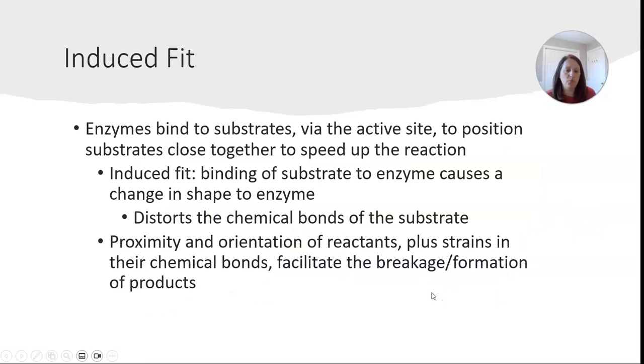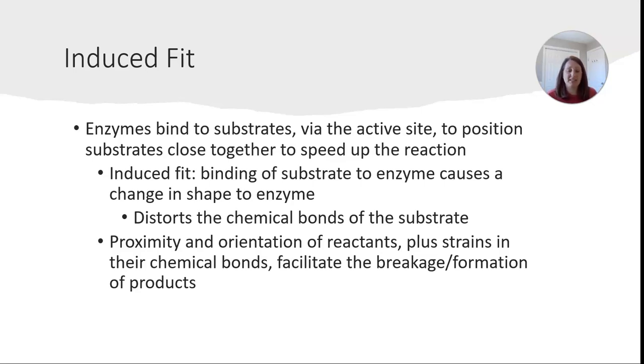And so what exactly happens when the enzyme is bound to its substrate? There could be a number of ways in which that activation energy is lowered, a number of ways in which the reaction rate is sped up. The enzyme might help to orient the reactants perfectly towards each other so that they can react.